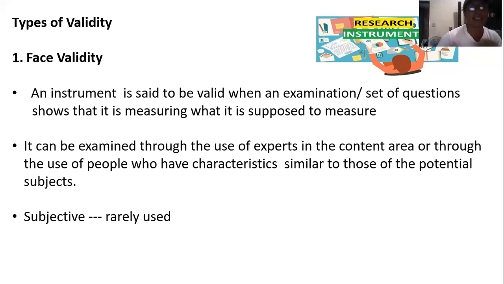The panel of experts is composed of 3 individuals. And these 3 individuals have a technical knowledge on the study you are pursuing. So the panel will evaluate your instrument based on the standards of a good questionnaire. So that's for face validity.